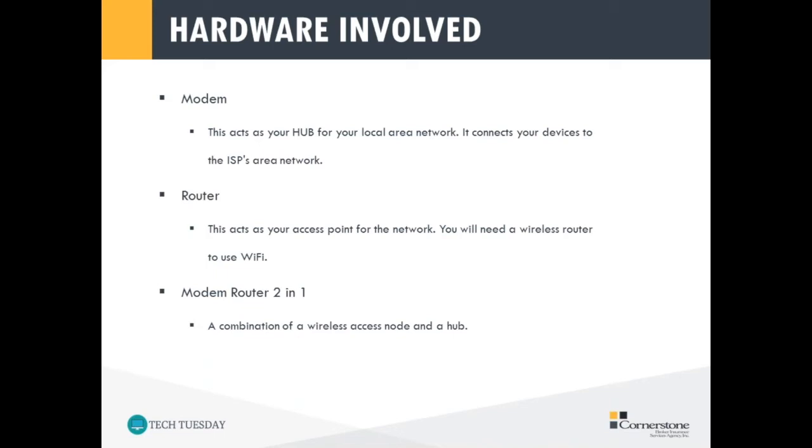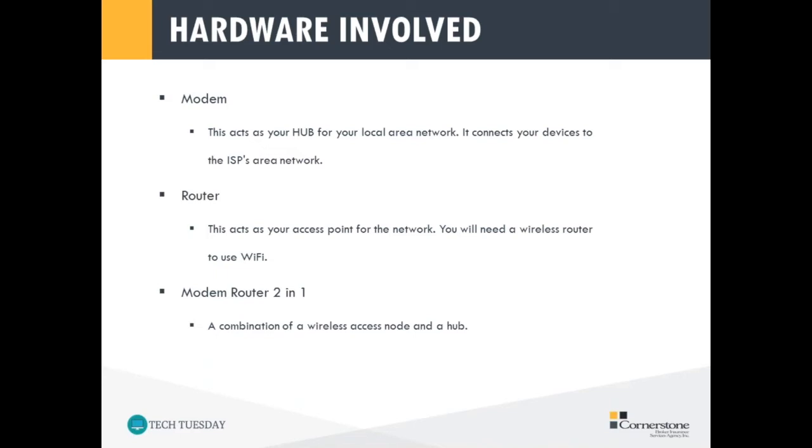Your router is your access point for your local area network. So it's what all of your devices have to connect to, and then connect to the modem that then gets out to the wide area network, or your internet as a whole. They do actually make these as two-in-ones now, meaning they have devices that act as a combination modem-router all at the same time.